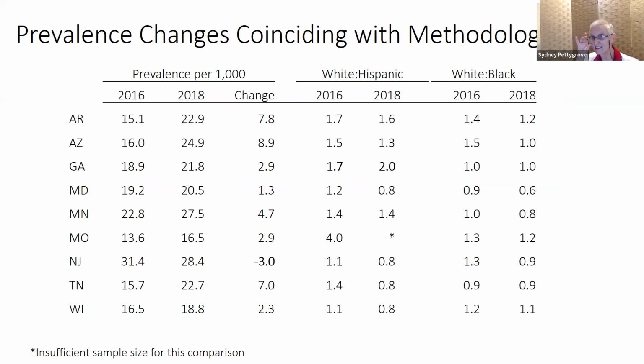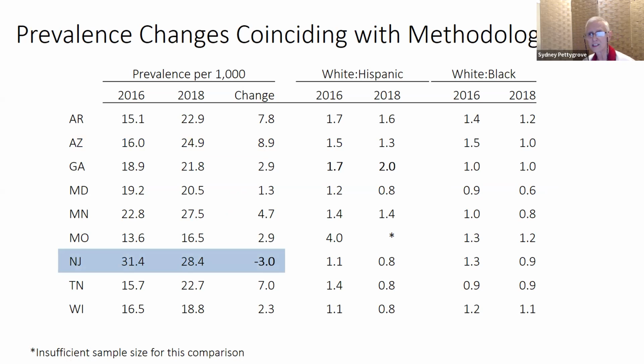And that did not happen at all. So here we are in Arizona, and our prevalence from 16 to 18 was the largest increase. And only New Jersey went down. So all the other sites went up. So that kind of makes us feel a little better about the change in protocol.